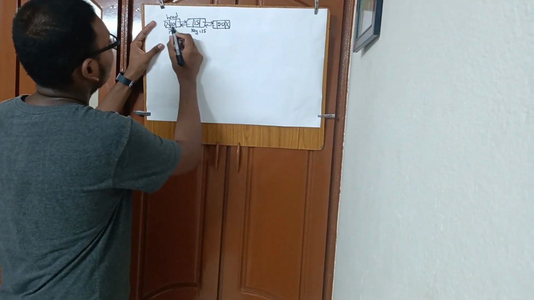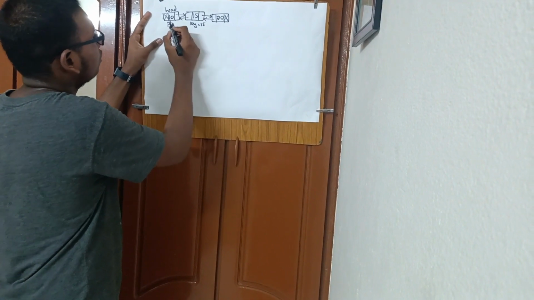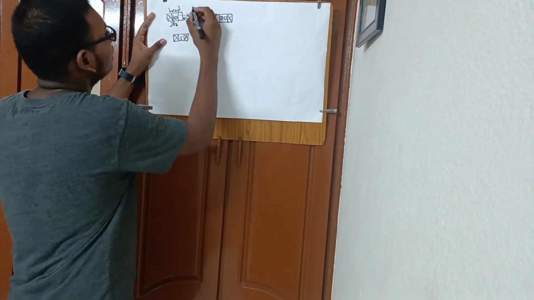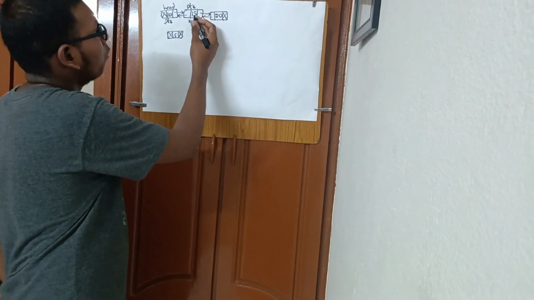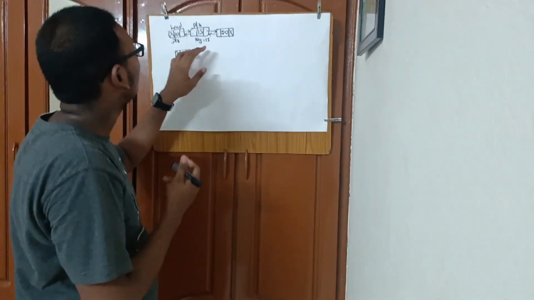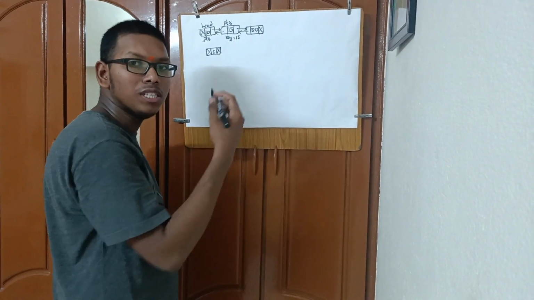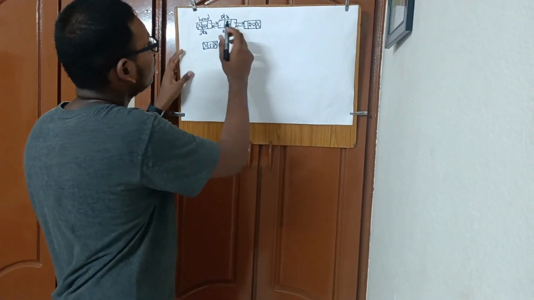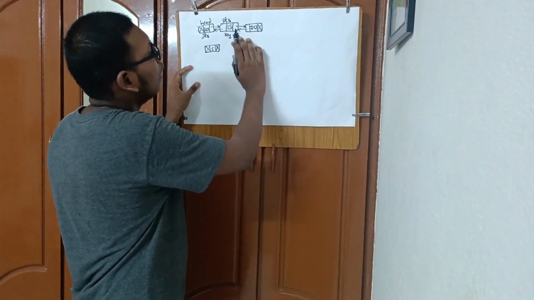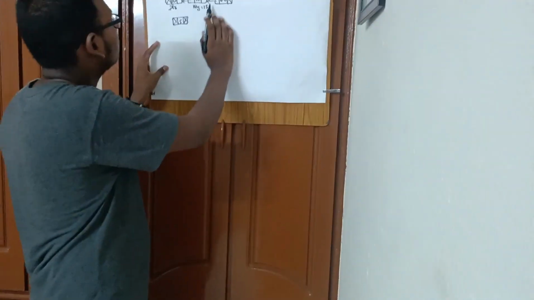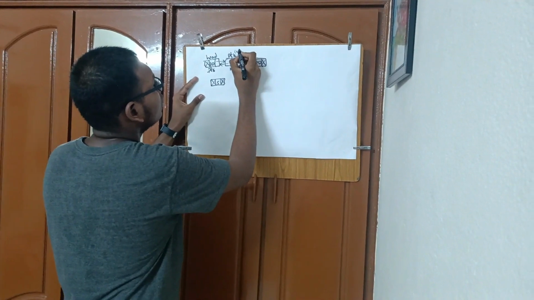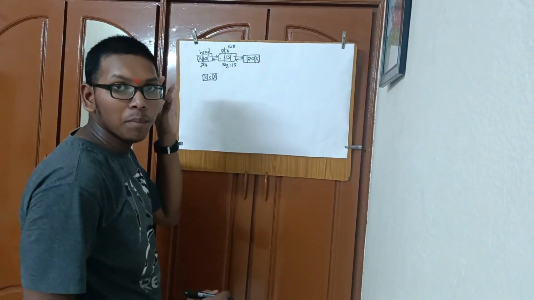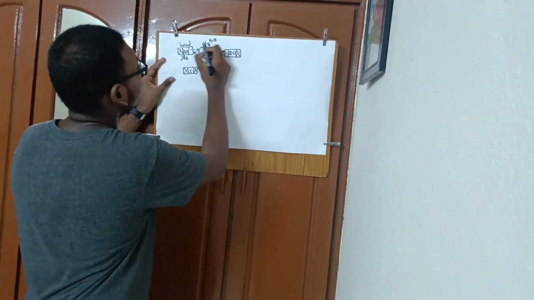So ptr data equals to 10, which is not equal to 15. So ptr equals ptr next. Now ptr points to the node with data 15. ptr data equals to 15, which is the given key. So we have to insert the new node after the node with data equals to 15. I am taking another variable current equals to ptr and I am updating ptr equals to ptr next.